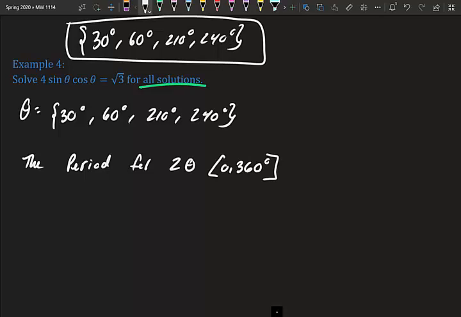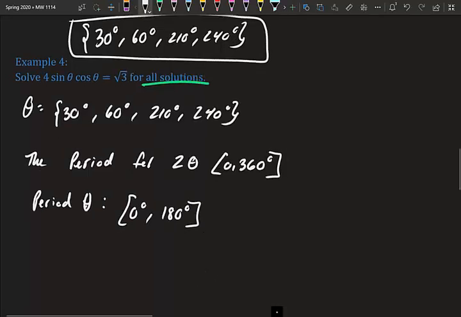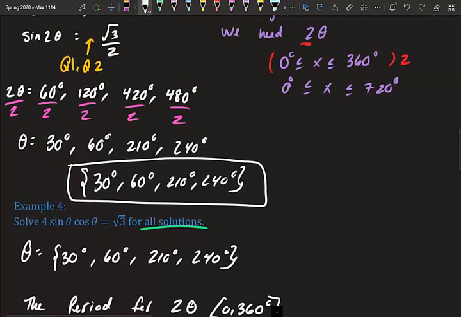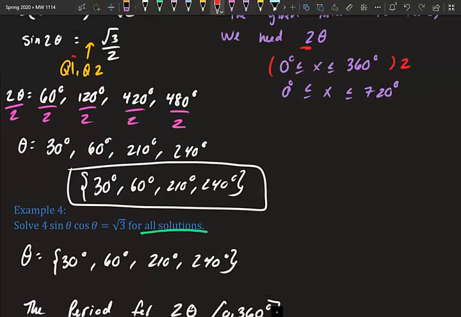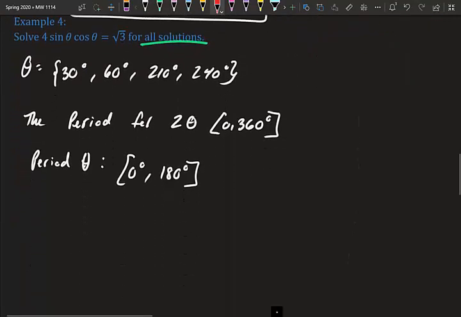We're given that period. So the period for just theta, we just half it. So half of 360 is 180. Also, doesn't that also work with our quadrants? It does.